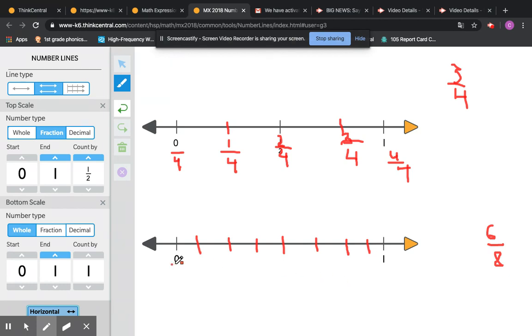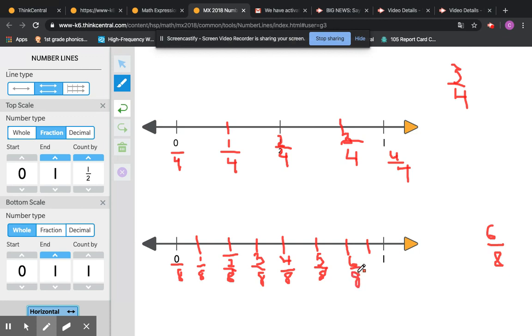Now I'm going to be labeling my fractions. This would be 0/8, 1/8, 2/8, 3/8, 4/8, 5/8, 6/8.